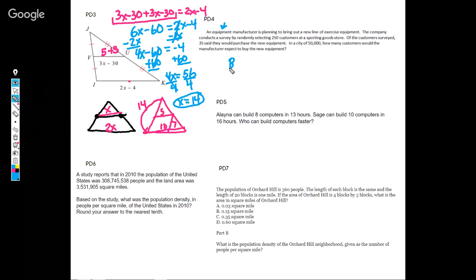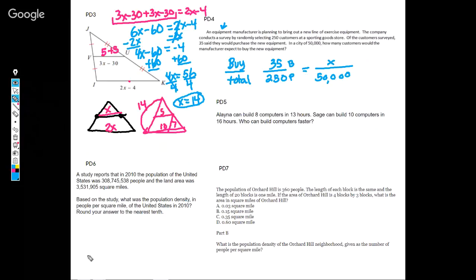So what we're going to do is buy over total. This is something you learned in elementary school, right? Part divided by whole. So 35 people out of 250 people bought it the first time. So this is how many people bought it. This is how many people there are. So now it told us there's 50,000 total people in the whole city.